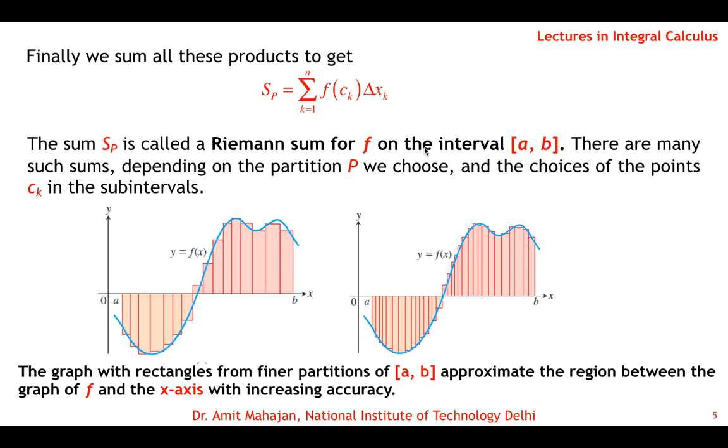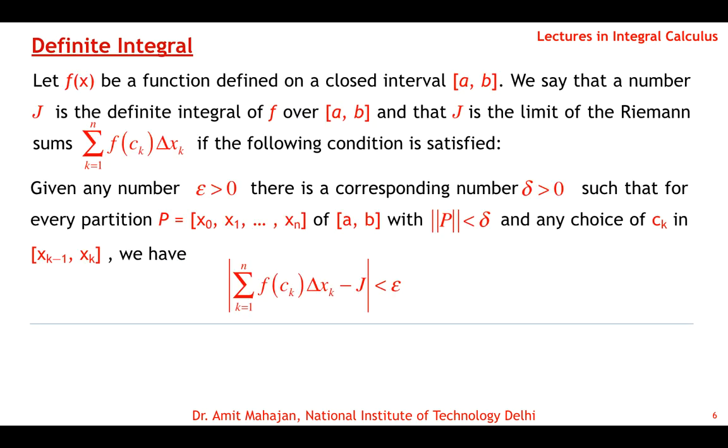But if they are of different widths, then we can use the norm concept, that we choose norm of P going to 0, which is the same as n tends to infinity, but it will make sure that each subinterval becomes small. And that will lead to our next definition, which is the definite integral.